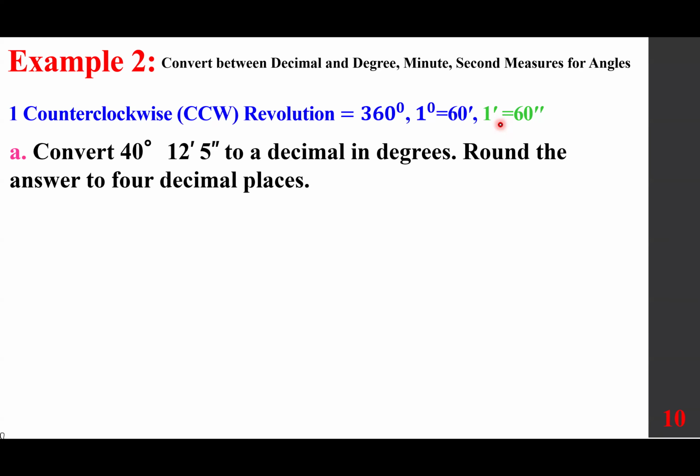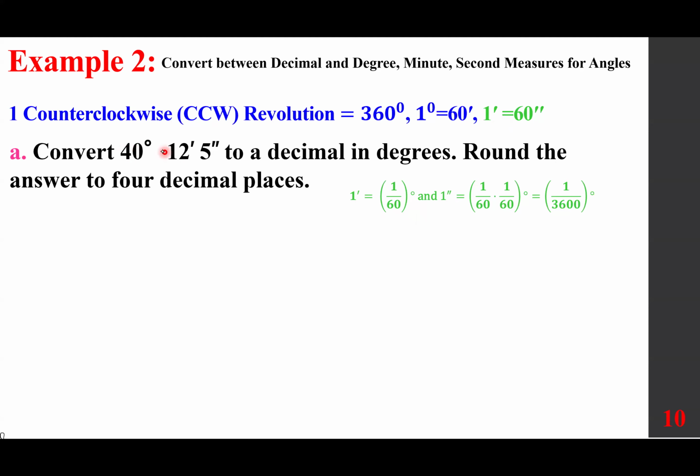Therefore, we are going to write 1 minute is 1/60th of a degree, and 1 second is 1/60th times 1/60th. That means 1/3600 degrees.